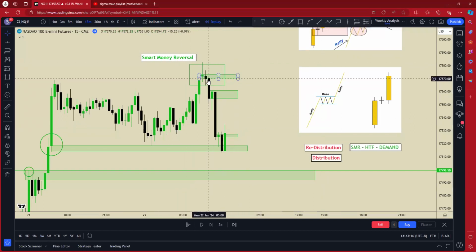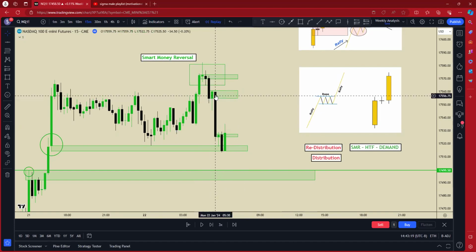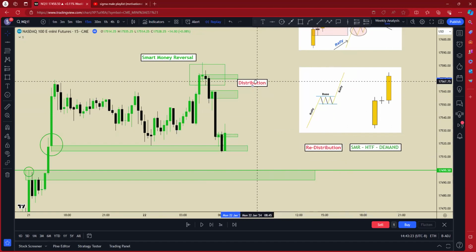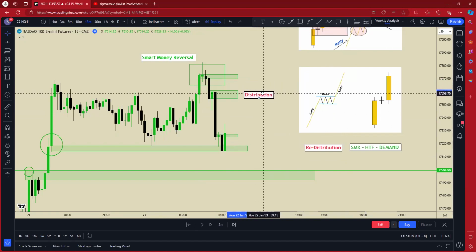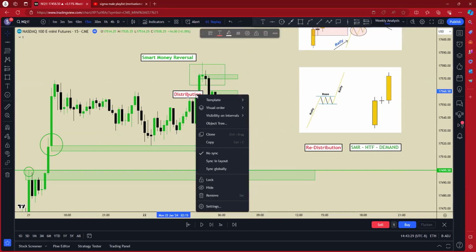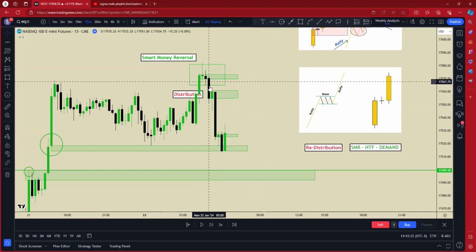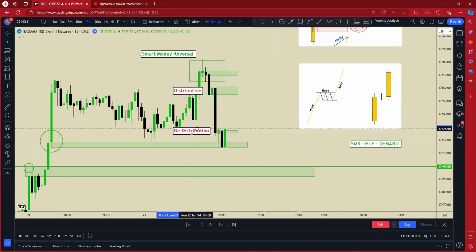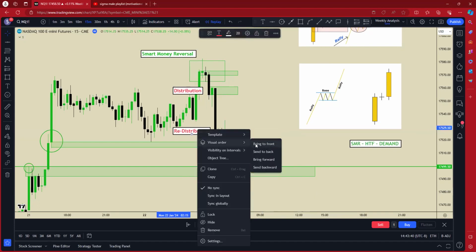Next, we can see we drop and base here because we have a block wick here. So that makes this distribution, right? I'll just put it there. See if I can put it in front. Okay. Now, next we drop here with a lot of volume and create redistribution.